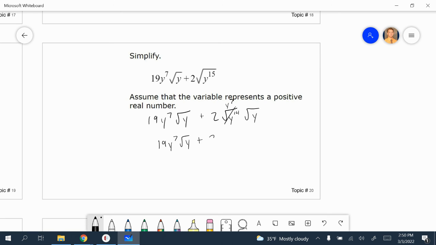So then I'll have 2y to the 7th root y. And now you can see that we've got the same thing on the backs of both of these terms. So we can add them together, which means we'll end up with 21y to the 7th root y as your final answer.